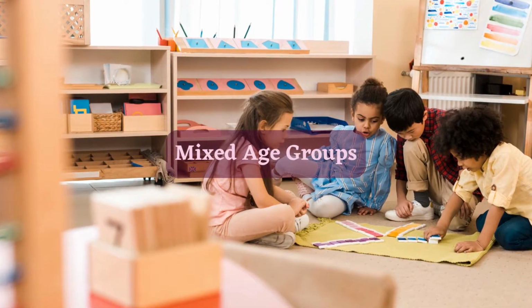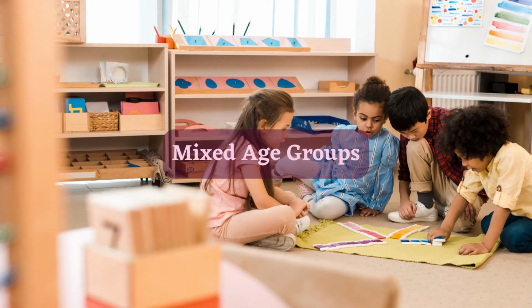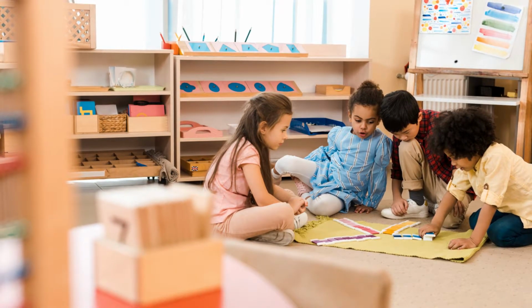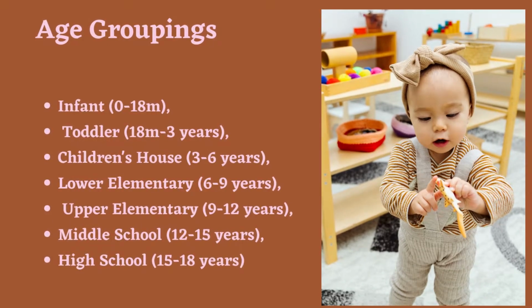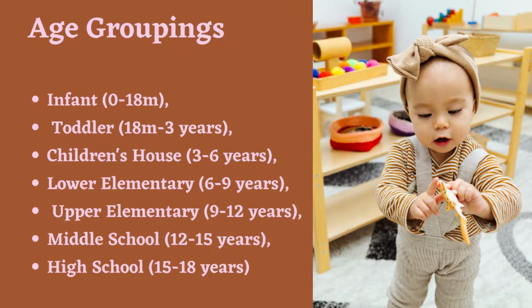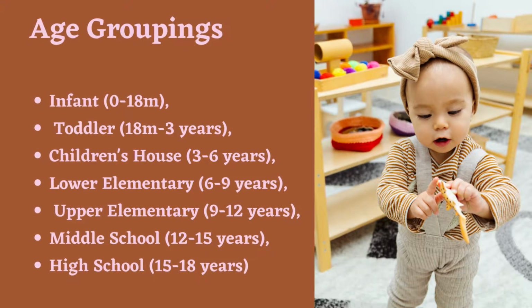Now, Montessori classrooms typically consist of mixed age groups where children of different age ranges learn together. So we've got the infant from 0 to 18 months, the toddler from 18 months to 3 years, the children's house, which is from 3 to 6 years, the lower elementary from 6 to 9 years, the upper elementary from 9 to 12 years, middle school from 12 to 15 years, and high school from 15 to 18 years.